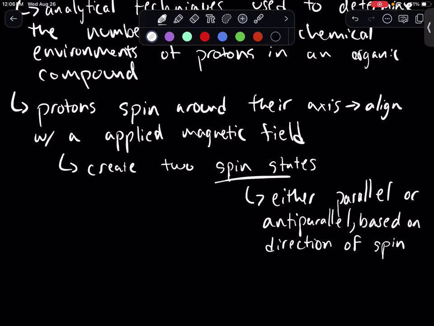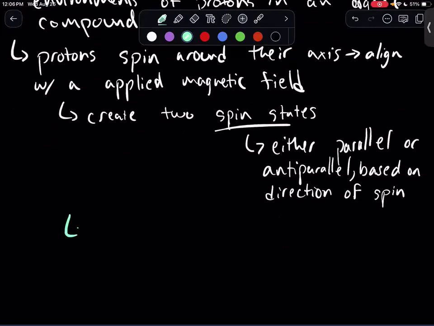So in HNMR, we're going to apply a magnetic field, which will align these protons either with or against the magnetic field. Now, when they are aligned with or against the magnetic field, they actually have different energy levels or energy states. Specifically, anti-parallel have slightly higher energy.